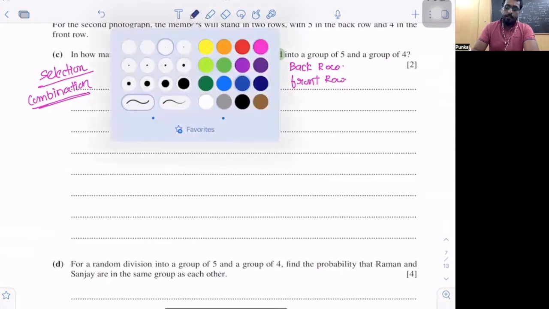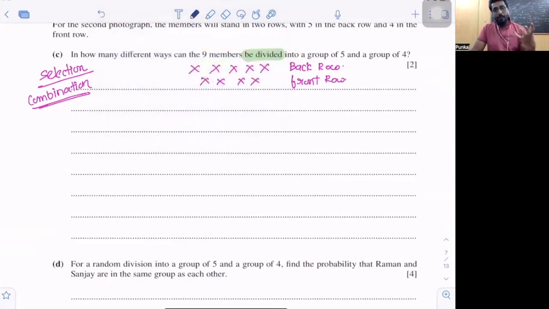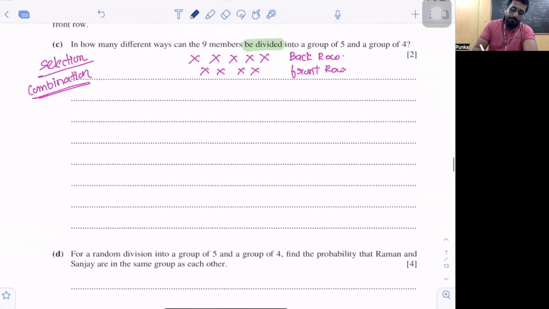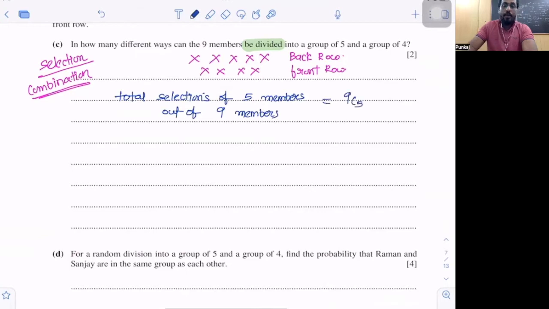So what I'm going to do here is just select 5 people out of 9 people, right? So there are 9 members available, of which I'm going to select 5 people. So I can say total selections of 5 members out of 9 members can be done in 9C5 ways, right?